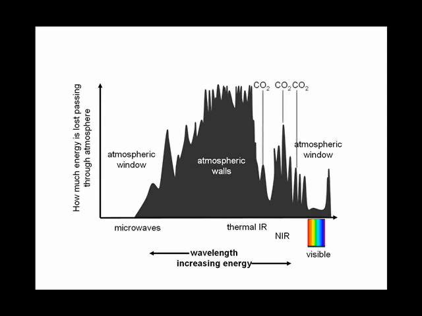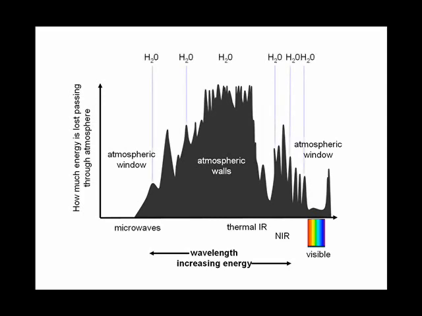So a number of these lines, this looks like a very complicated diagram, but of course it's actually just the overlapping lines of lots of different chemicals in the atmosphere. So there's some carbon dioxide lines, there's lots of water vapor lines, and in fact this large atmospheric wall in the middle here in the thermal infrared actually corresponds to a vast number of water vapor lines that overlap so much that it almost becomes a continuous block of absorption.